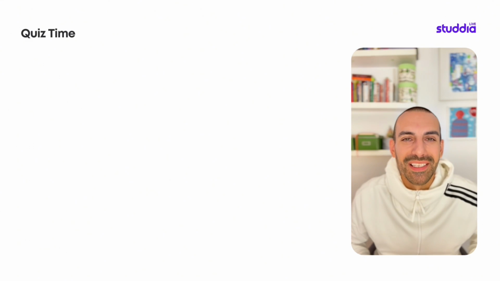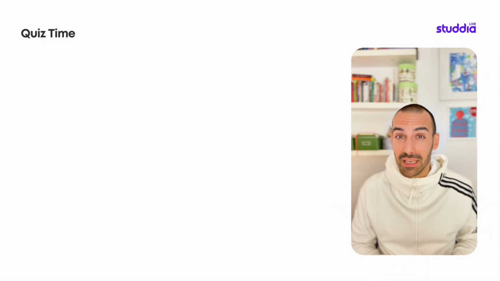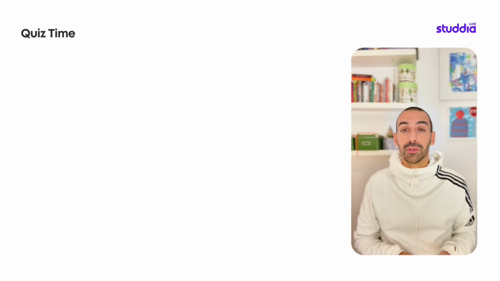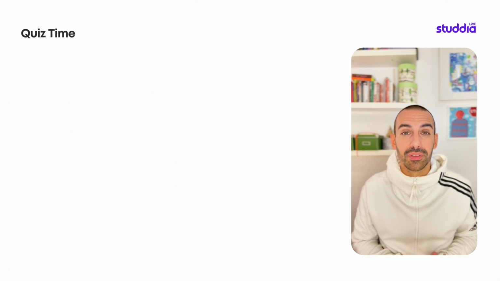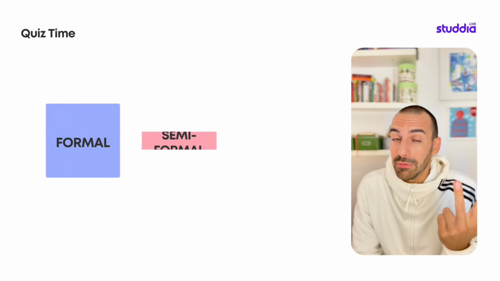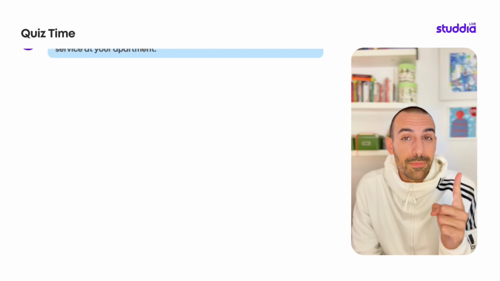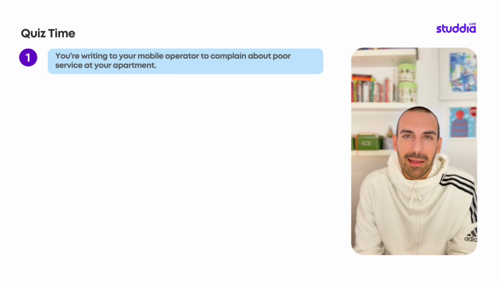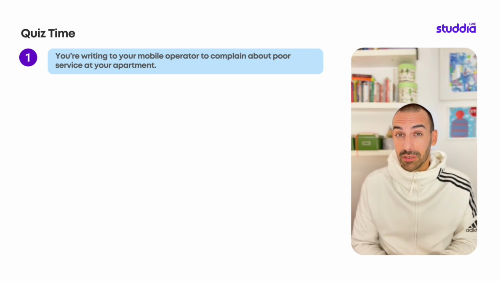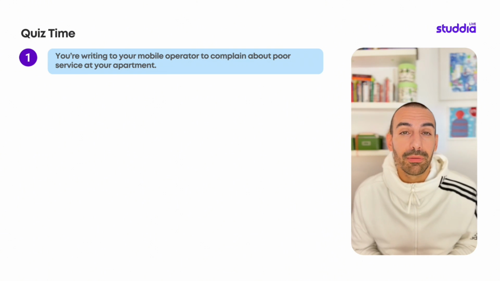Okay, here's a little quiz for you. We are practicing tone and formality for General IELTS Writing Task 1. I'll give you a few situations and you decide. Is it a formal, semi formal, or informal letter that you'll be writing? Situation number one: you're sending an email to your mobile operator to complain about poor service at your apartment.